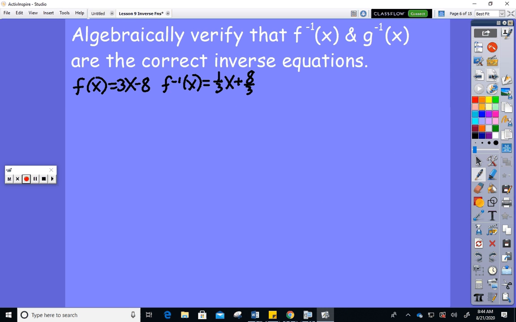So I know algebraically f of f inverse of x is what I need to do. I need to show that that smooth as silk works out to x. So my interior function is 1/3 x plus 8/3.